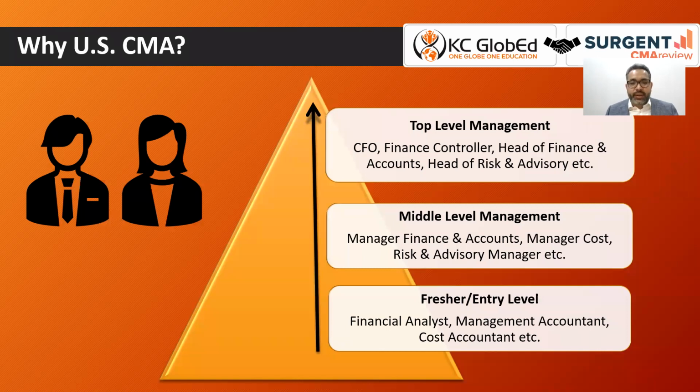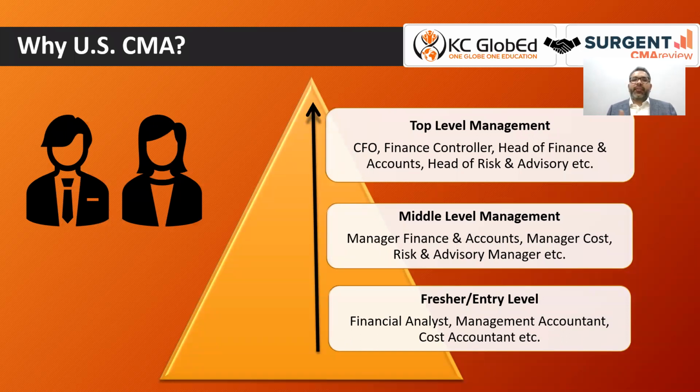After 3 to 5 years of experience, you'll reach a managerial position. That's a middle level of management, where your profile would be manager finance, manager accounts, manager finance and accounts, manager costing, manager risk assessment, manager risk and advisory, and so on.